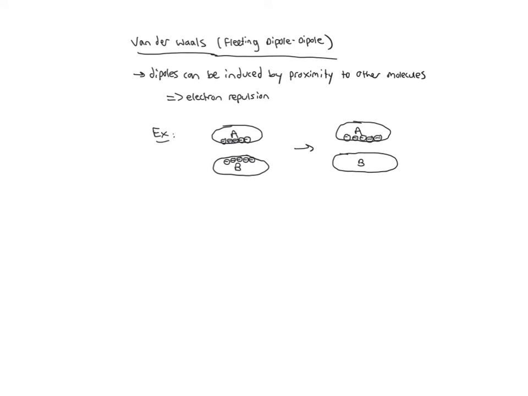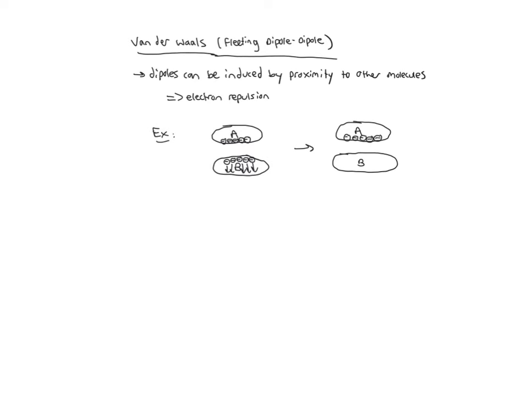So we're going to take a look at just a general molecule A interacting with molecule B. And molecule B is just maybe another molecule of whatever substance we're dealing with. So what's going to happen as these molecules start to come together is that, say there's randomly, this is also caused by random electron movement, a little bit more negative charge on the bottom part of A. As it's starting to come towards B, what that's going to do to the negative charge on the top part of B is cause it to shift, through electron repulsion, to the opposite side of the molecule.